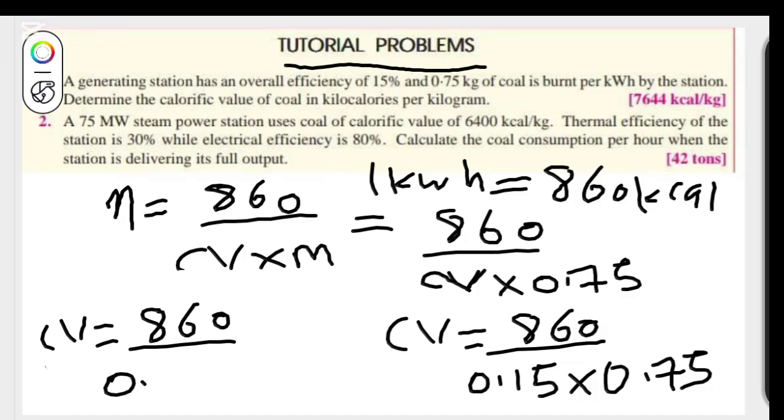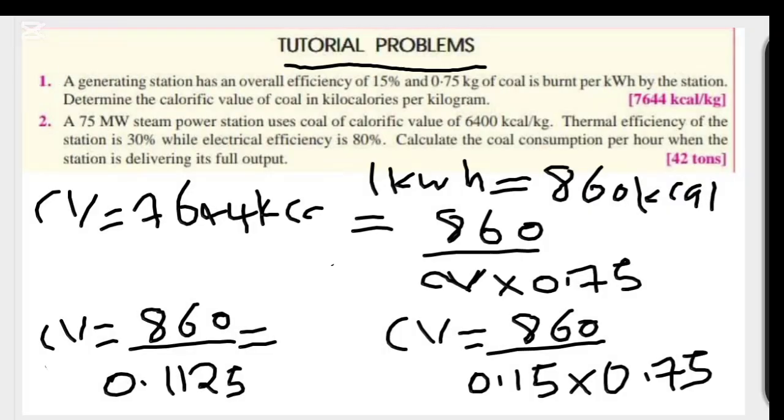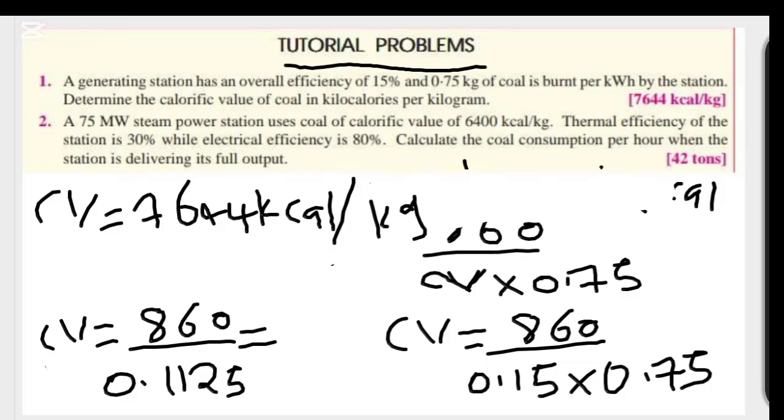So I'll get 0.1125, which automatically equals 7,644. So CV is equal to 7,644 kilocalories per kg.